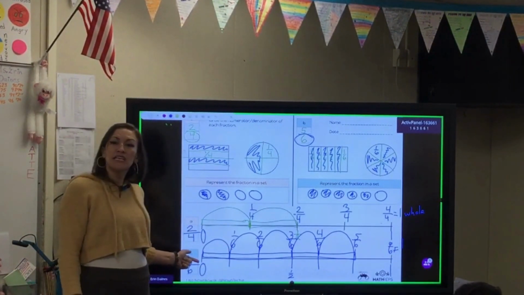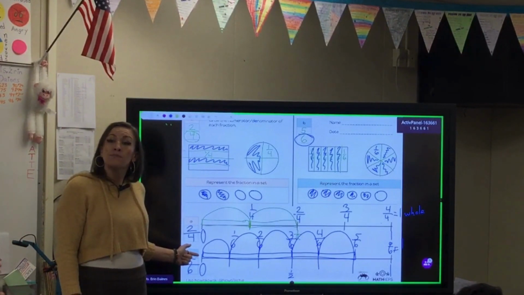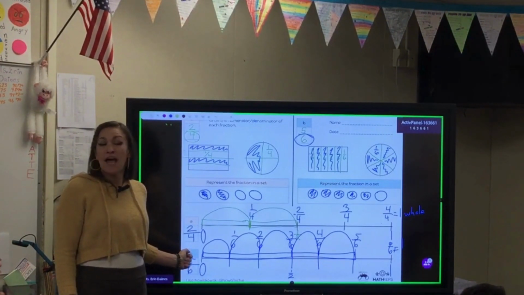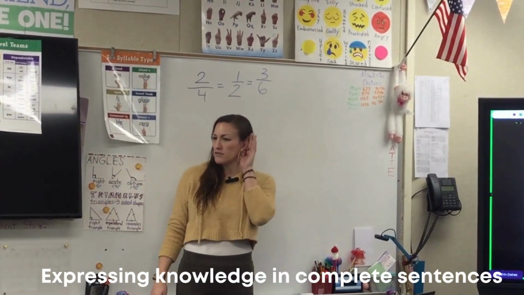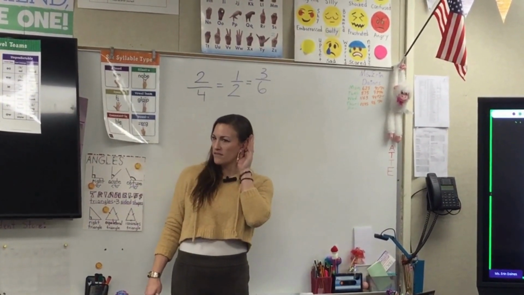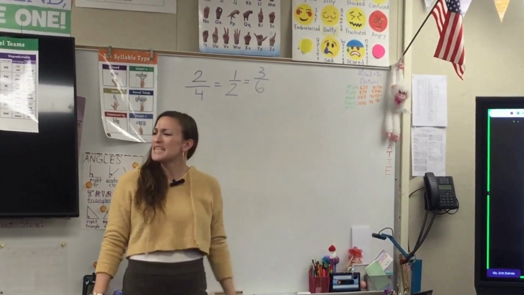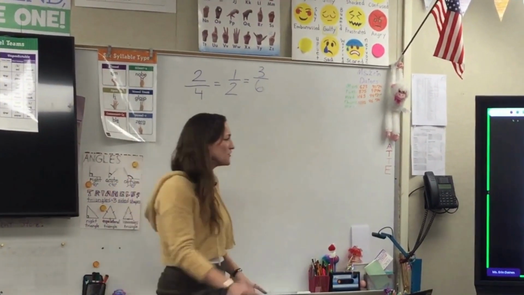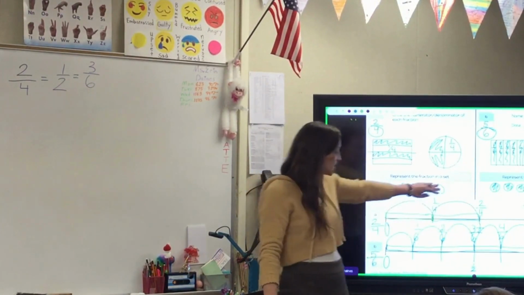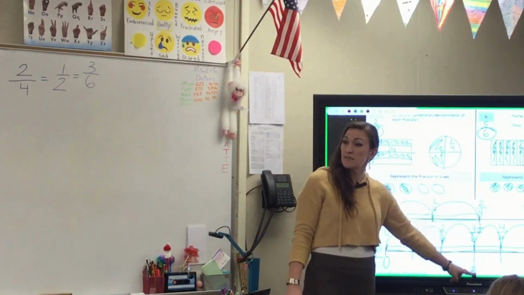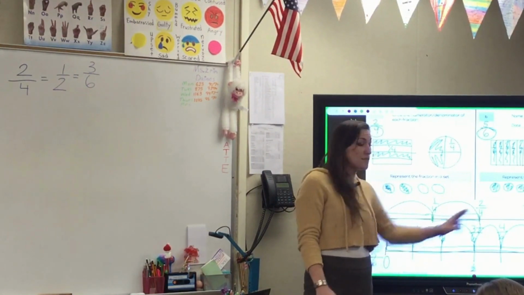Which fraction is smaller and why? Full sentence, please. 2/4 is smaller than 5/6. Yes, 2/4 is smaller than 5/6. Give yourselves a big round of applause. So Edwin is saying 2/4 is smaller because it's equivalent to 3/6. And 5/6 is bigger than 3/6.